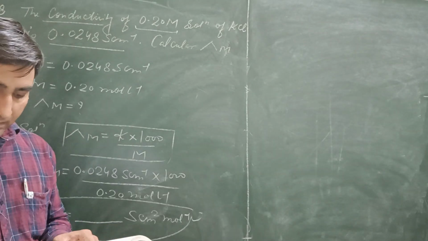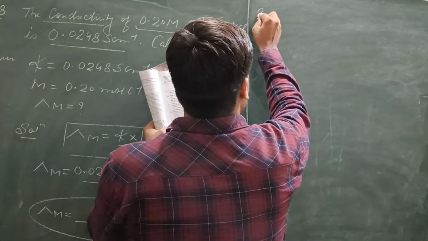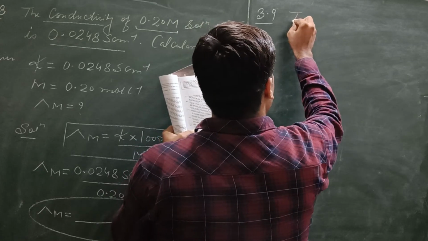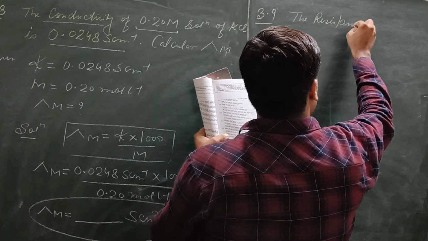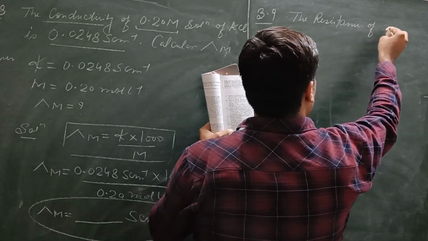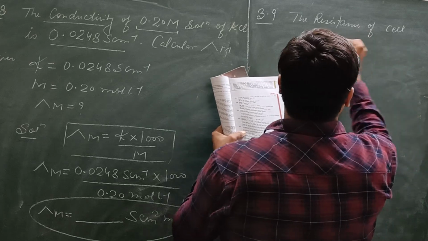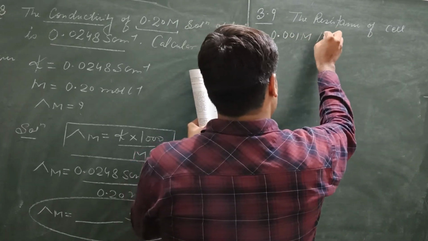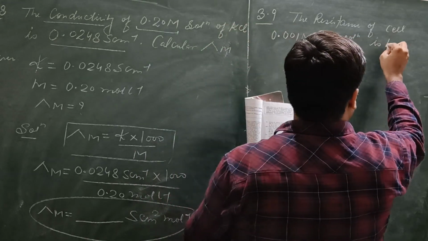Let's solve one more problem. Question number 3.9 is given. The resistance of the cell containing 0.001 molar KCl solution is 1500 ohm.